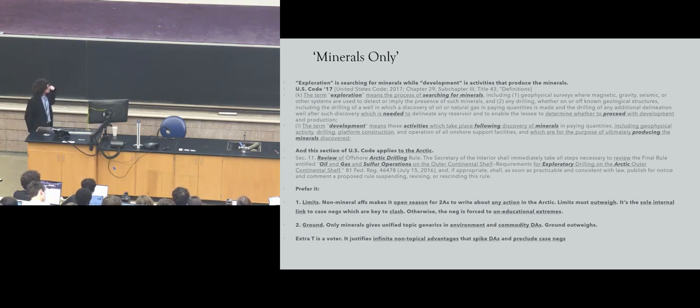The initial T starter pack file has a US Code 90 card from a law about Antarctica. It's not just about the Arctic, it's about mineral development, but it explicitly applies to the Arctic.